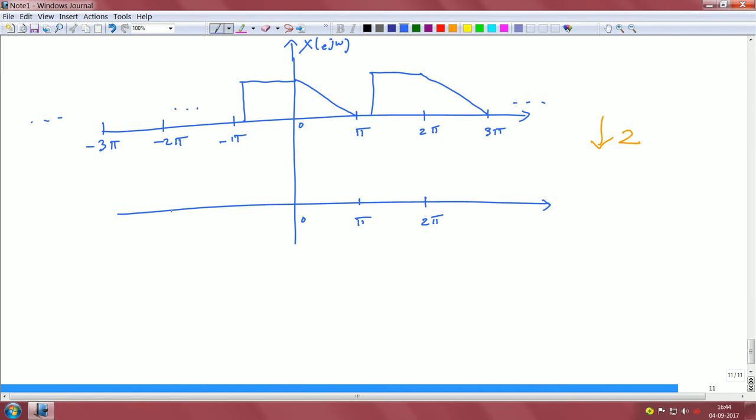So basically I start with this diagram here, right.